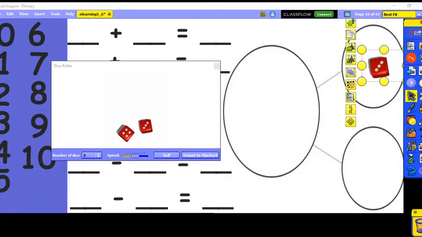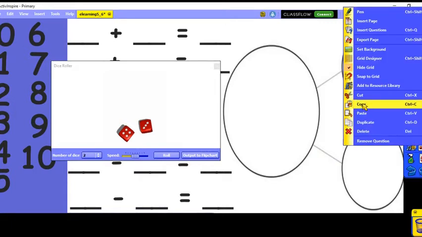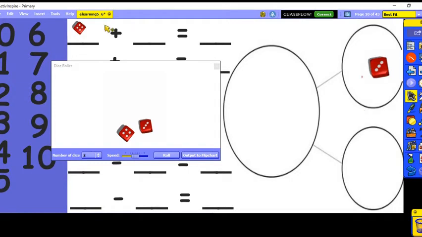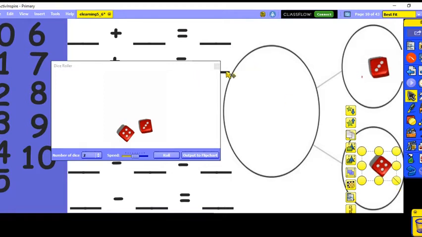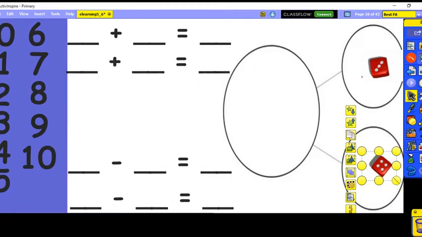And how many did we get on our other dice? 4. 3 and 4. Okay, I want you to be thinking about what our total is while I X all this out.